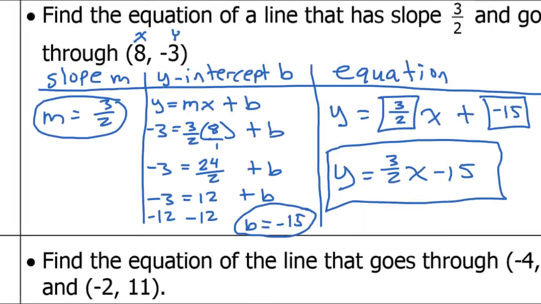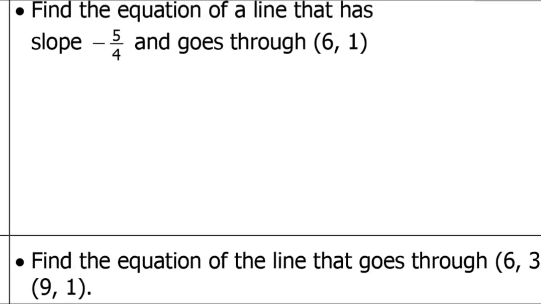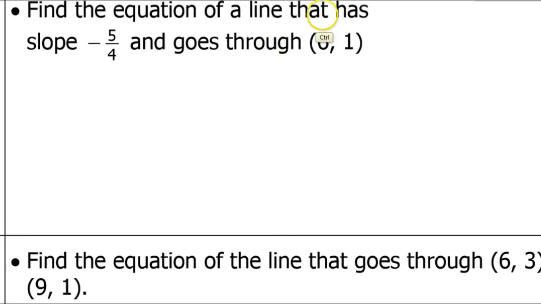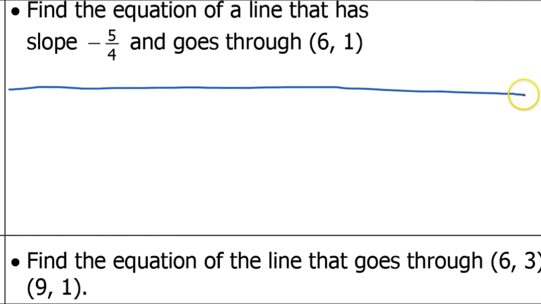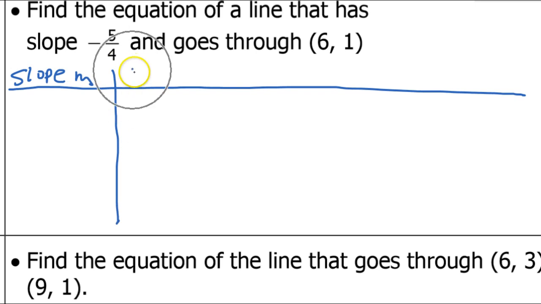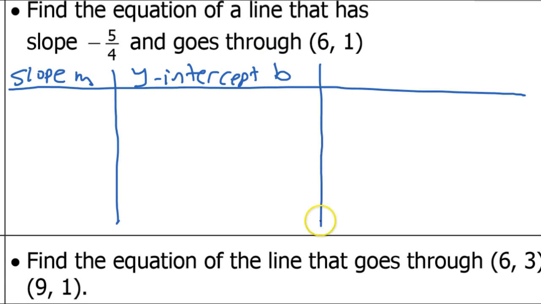Now here's problem number 1, part 2. Find the equation of a line that has this slope and goes through this point. This is the same exact thing. Once again, I'm going to say slope m, y-intercept b, equation.